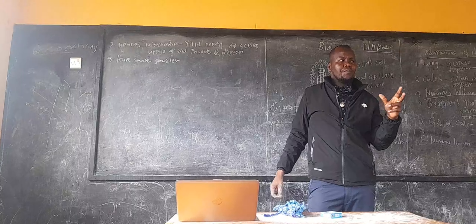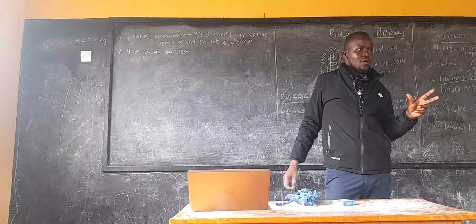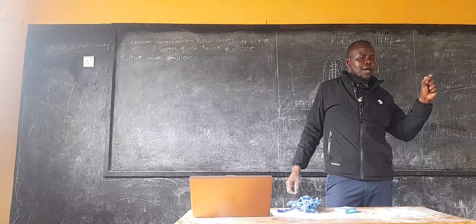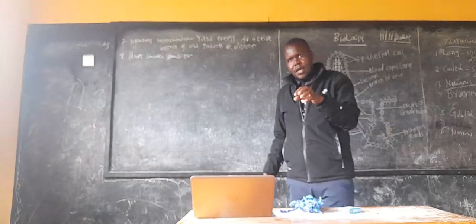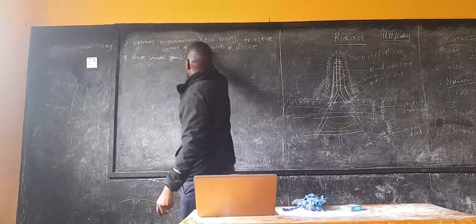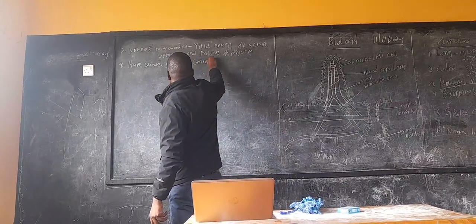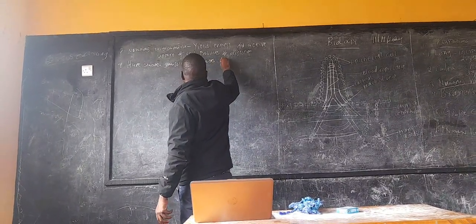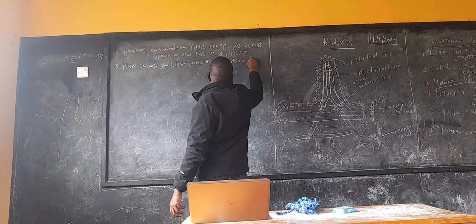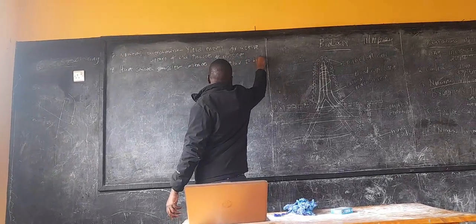Their role is to bring about the rhythmic contraction and relaxation. The muscles play a role of contraction and relaxation, and that brings about peristalsis.